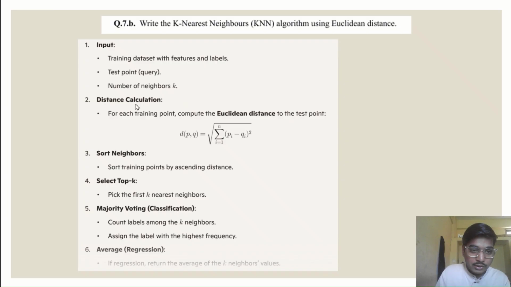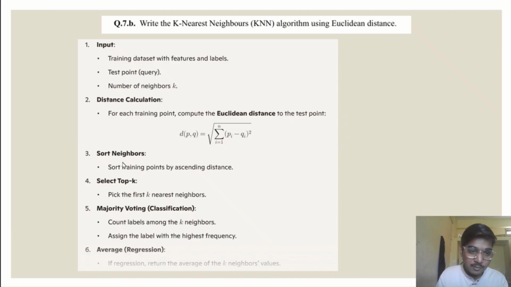We will calculate the distance by using the Euclidean distance or some other distance metric, but here we have been asked for Euclidean distance, so we calculate the distance between two points P and Q as the square root of the summation of i equal to 1 to n of (Pi minus Qi) the whole squared.